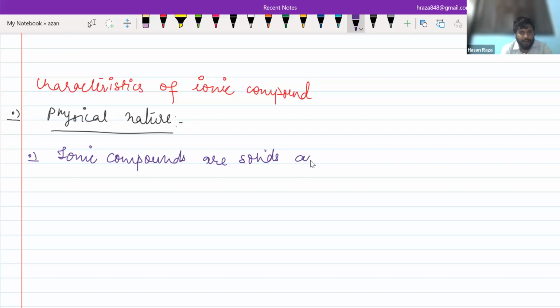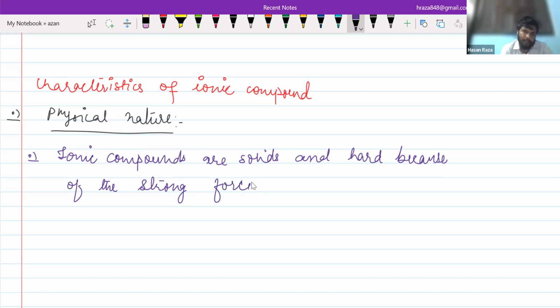Ionic compounds are solids and hard because of the strong force of attraction between positive and negative ions.